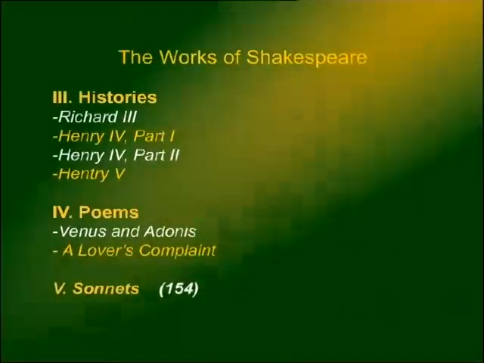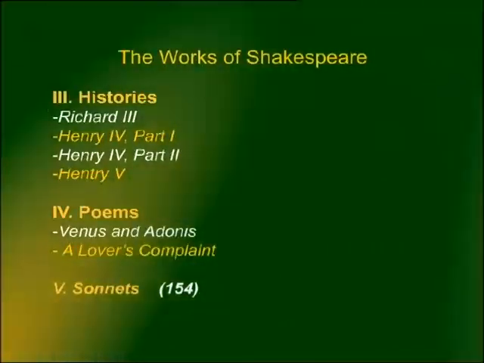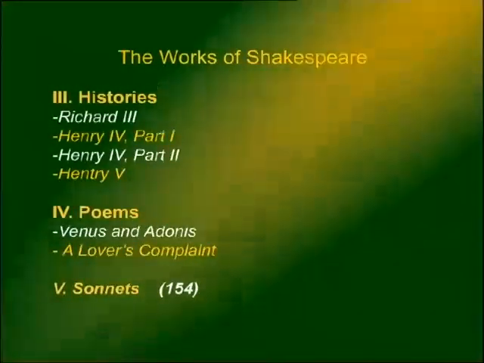What about poems? He wrote a number of long poems, fairly long, and you can recall 2 poems. One is Venus and Adonis, and another one is A Lover's Complaint. And then you put sonnets in an entirely different category.